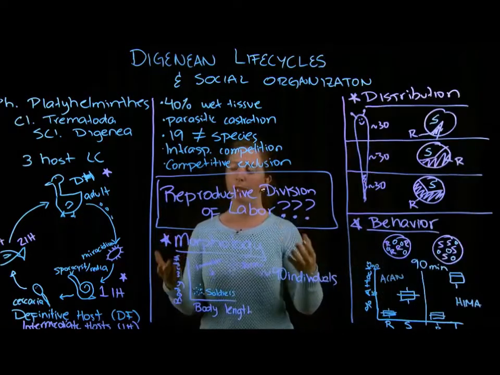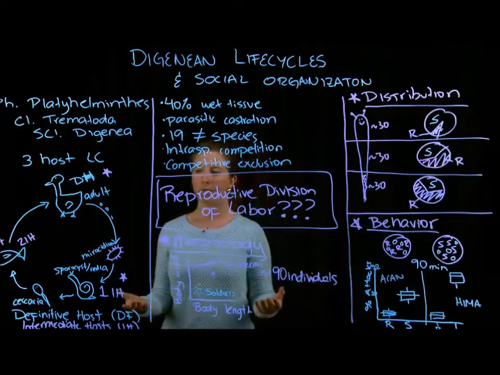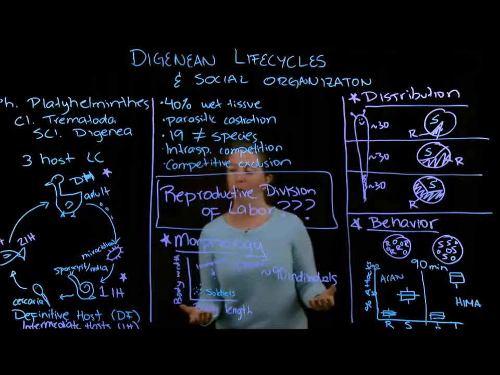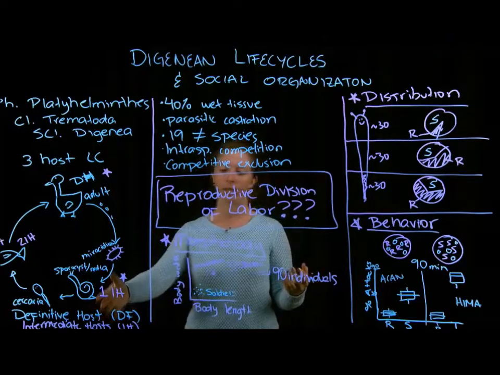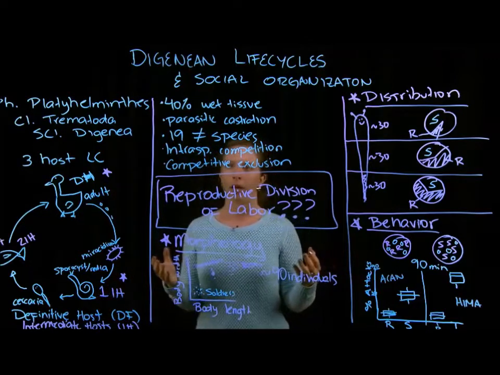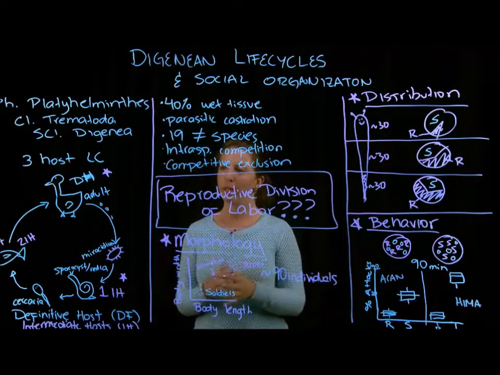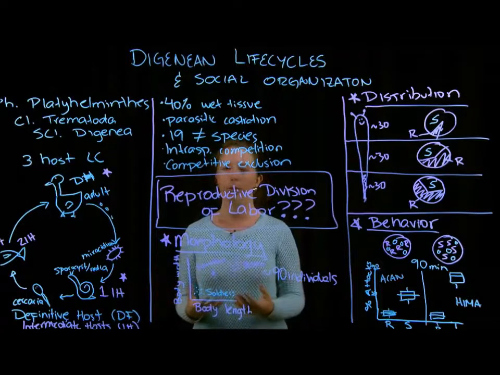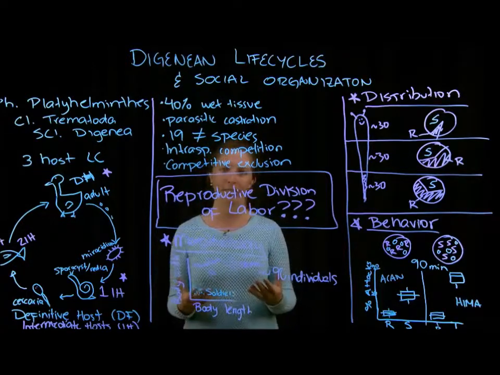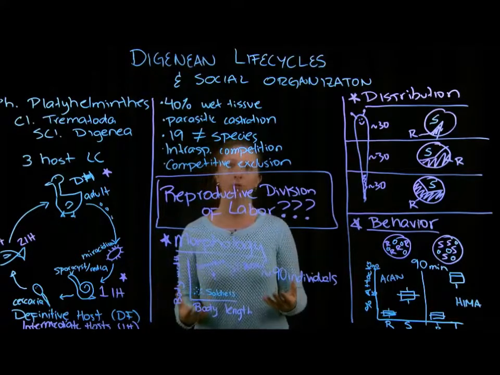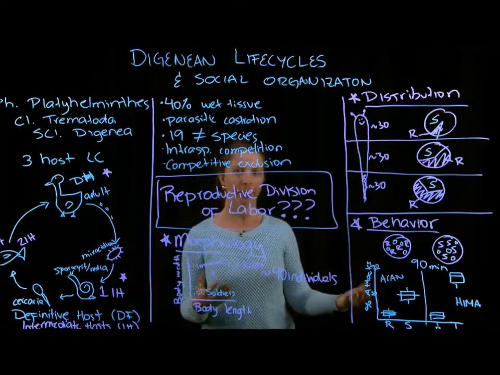Reproductive division of labor does occur in these parasitic flatworms that infect snails and form colonies inside of snails. They form a colony because these are all individuals that are working very closely together to maintain control of their resources and exploit them as best as they can. They are defending those resources from invasion by other parasites.